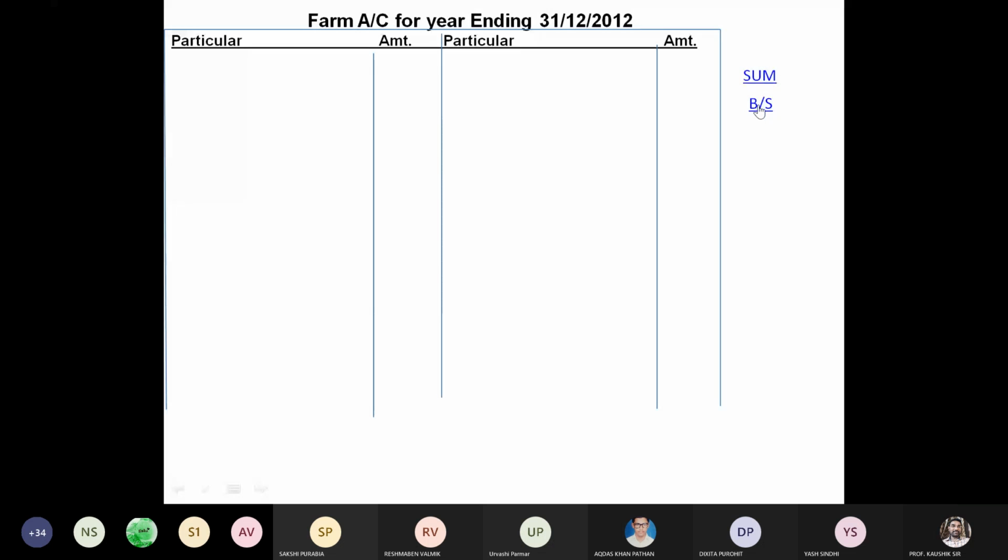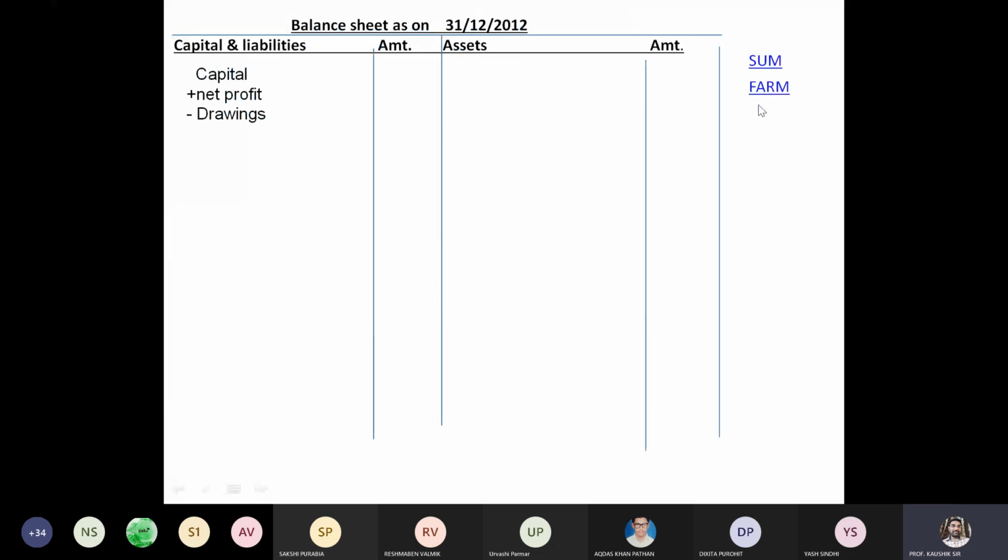Balance sheet. Capital and liabilities, amount, assets and amounts. Balance sheet as on 31st December 2012.